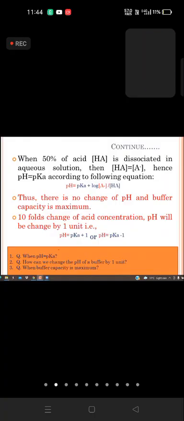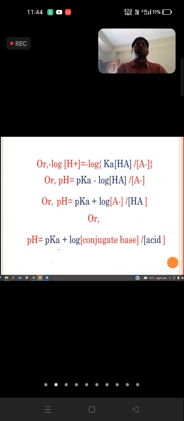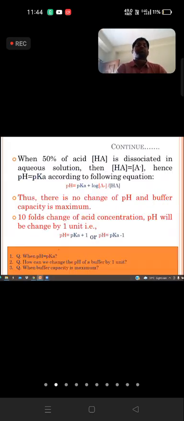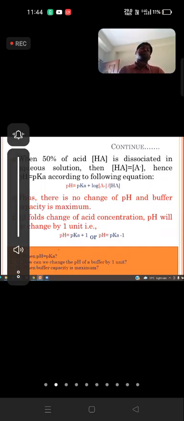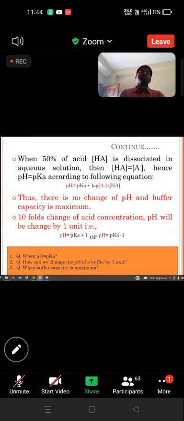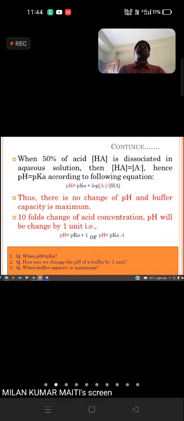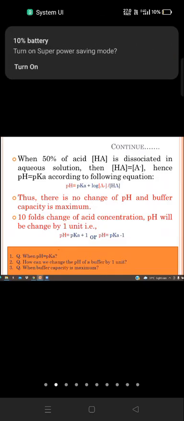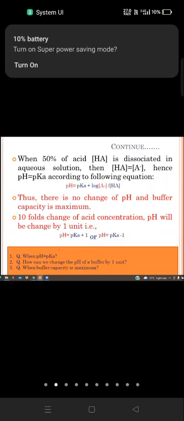So a few more questions during discussion of pH of acidic buffer by the Henderson-Hasselbalch equation. When pH equal to pKa? As we know, pH equal to pKa plus log of conjugate base by acid. So if 50% of HA, that means weak acid, is dissociated in aqueous solution, then 50% of conjugate base appears within the solution, then log of A minus by HA becomes 0.